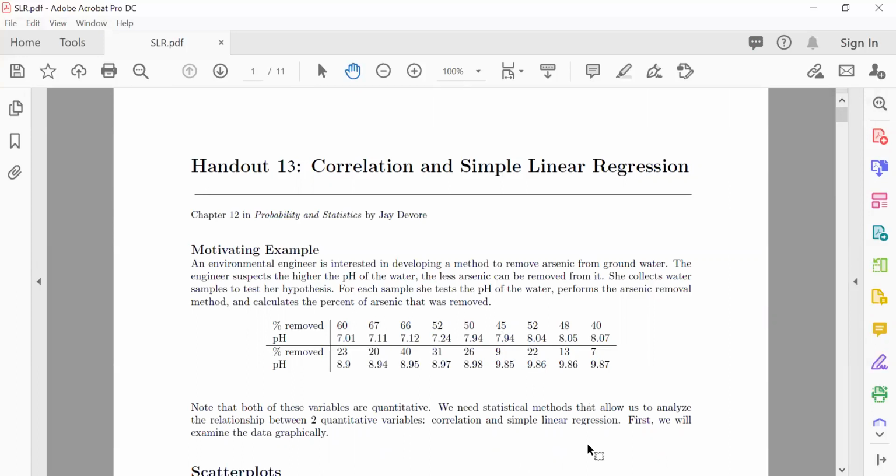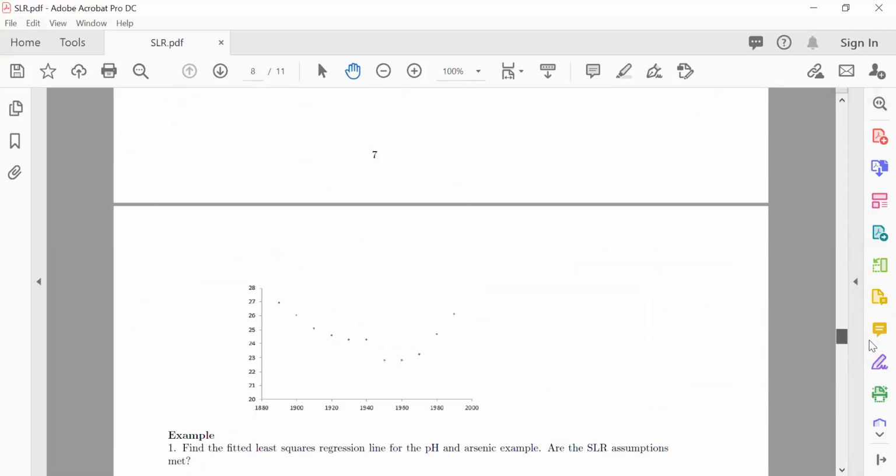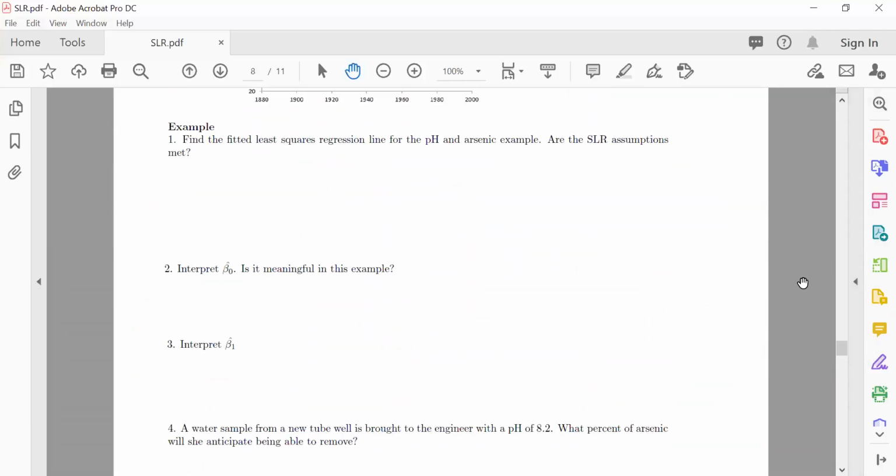So we try to use the pH value to predict or estimate the percentage of arsenic being removed. For this example, first find the fitted least squares regression line.